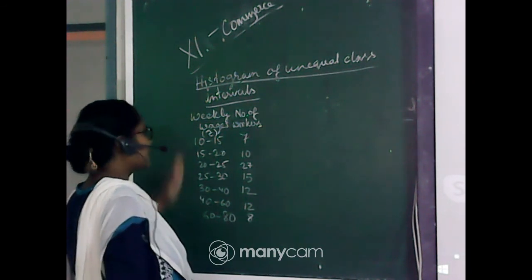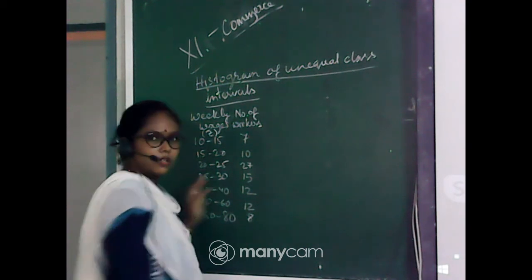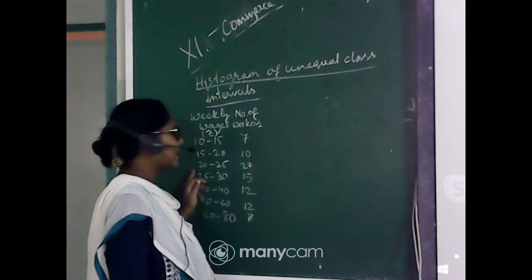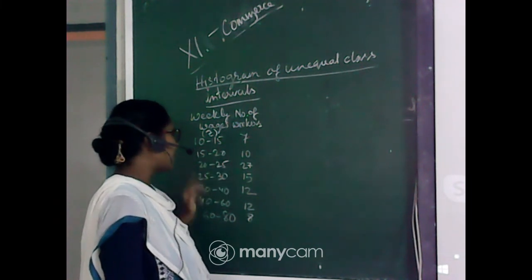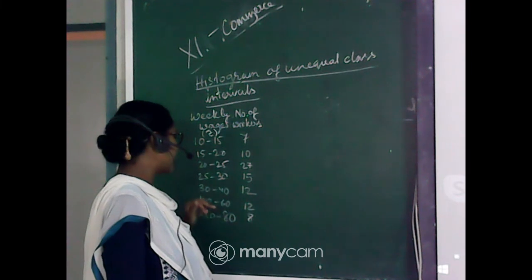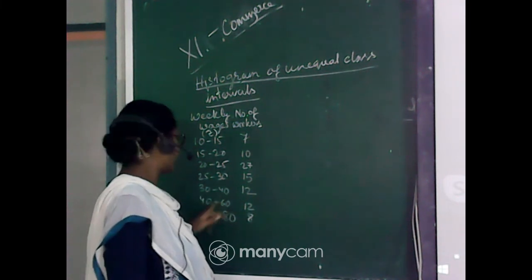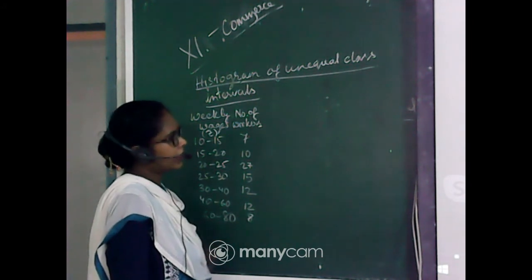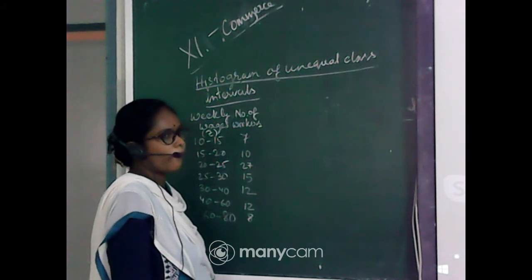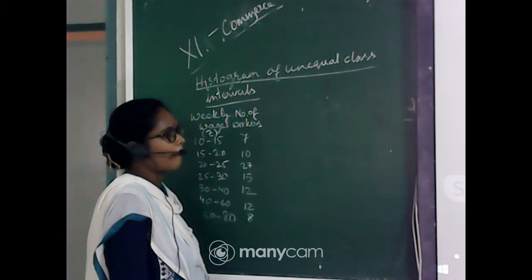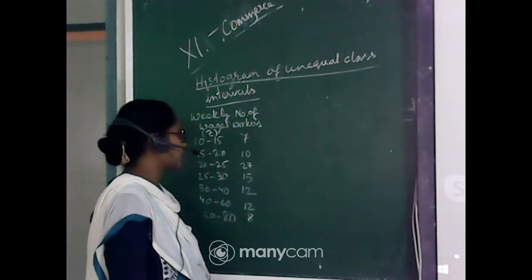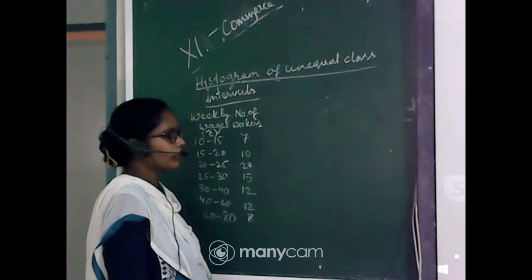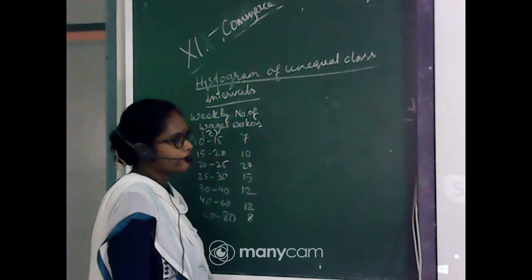Under this write down 10 to 15, 15 to 20, 20 to 25, 25 to 30, 30 to 40, 40 to 60, 60 to 80. Done, Debargo?